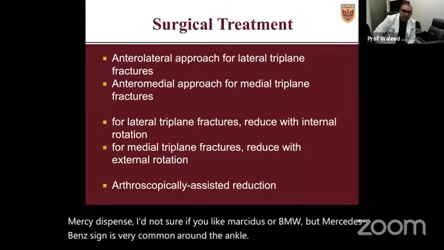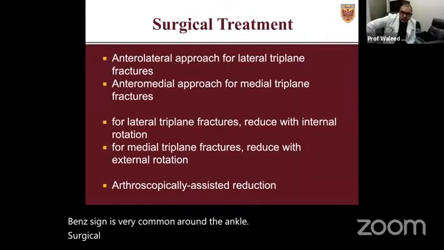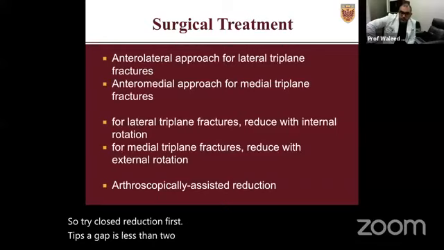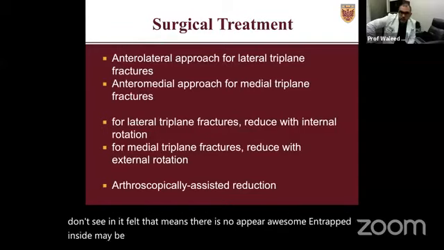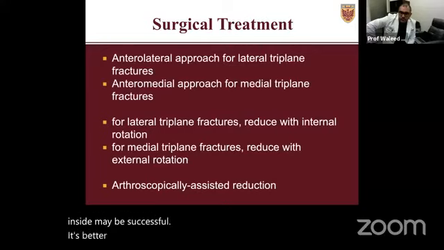Surgical treatment. So try closed reduction first. If the gap is less than 2 millimeters, especially for the intra-articular, and you don't see any tilt, that means there is no periosteum entrapped inside, and it may be successful. It's better to follow with the CT scan to assess your reduction.